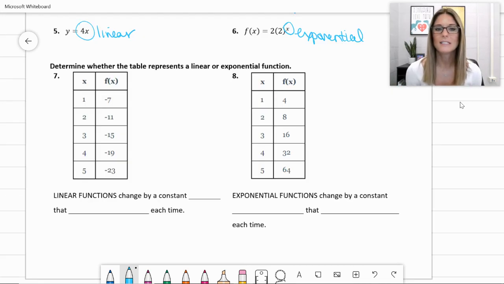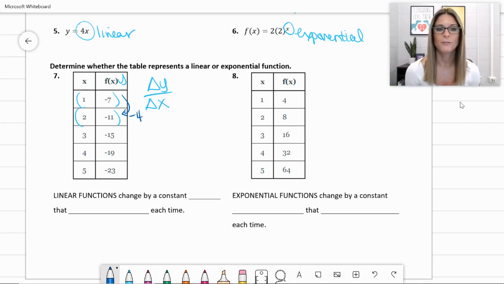Now let's look at tables and determine whether our table is linear or exponential. If I have the table in number 7 has 1, -7, 2, -11, and so on and so forth, let's consider our rate of change, how our y values are changing over our x values. Change in y over change in x. As I move down, what's happening to y? How did we go from -7 to -11?